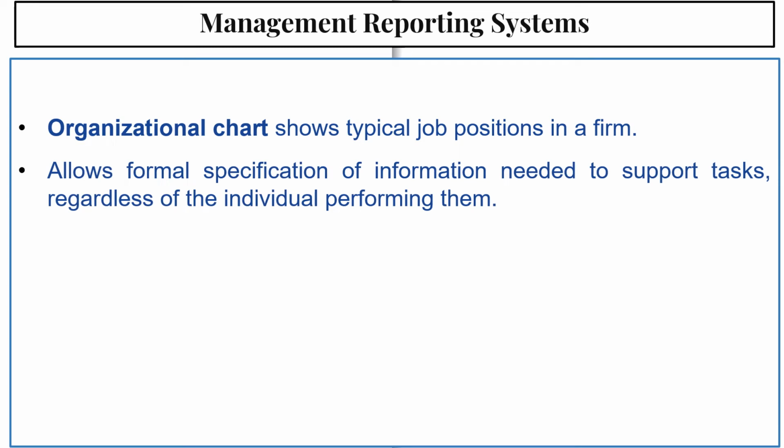The organizational chart allows formal specification of information needed to support tasks, regardless of the individual performing those tasks. So it shows the position or the responsibility, not necessarily the individuals by name.